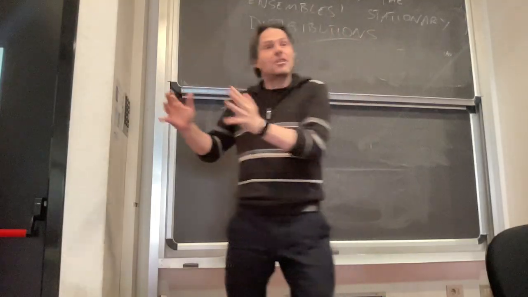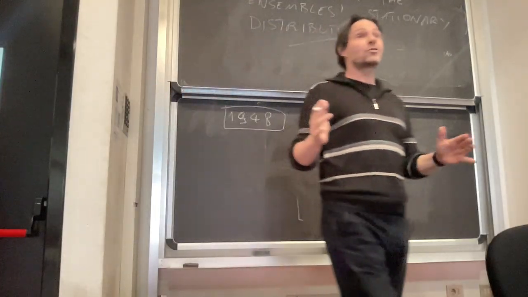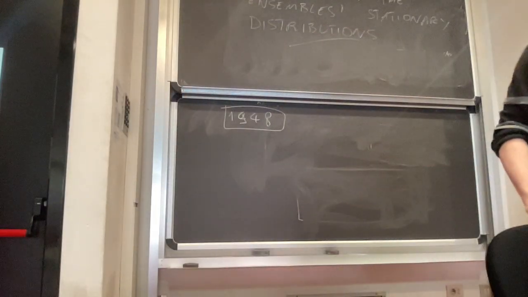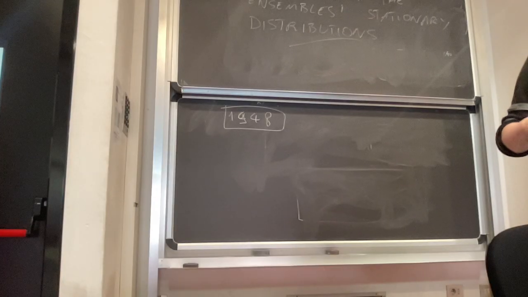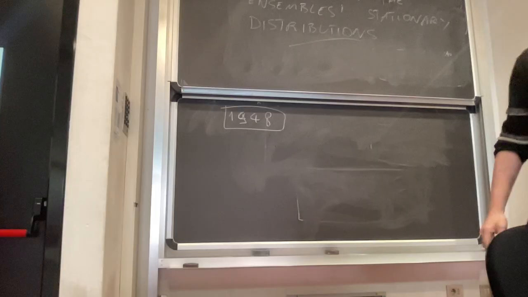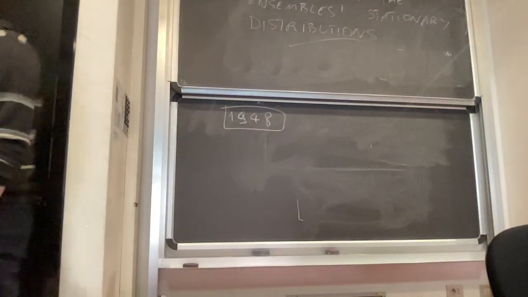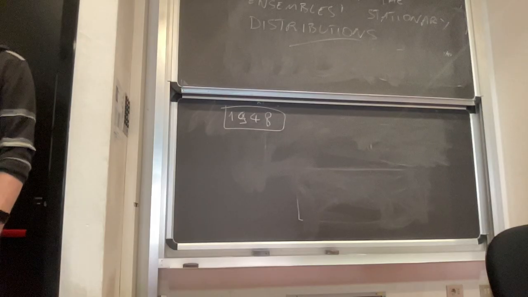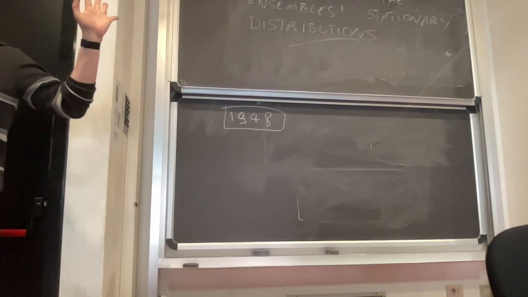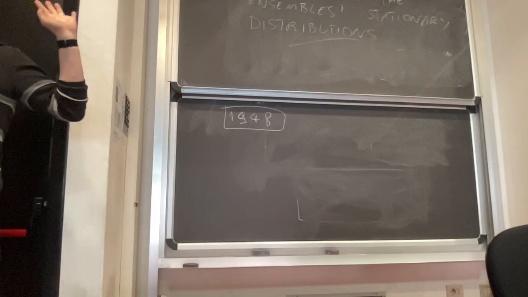Well, if I have a distribution and a set of constraints, for example, I want to keep the temperature fixed, the expectation value of the energy or whatever, what is the most unbiased choice of the stationary distribution?